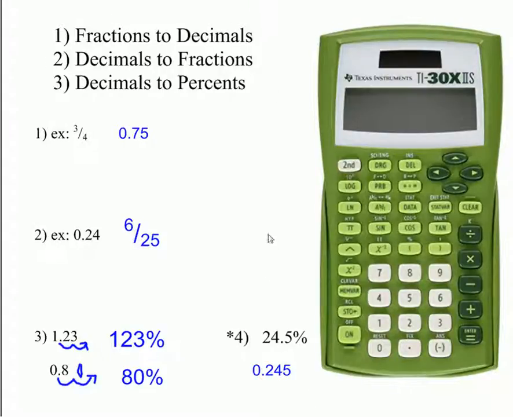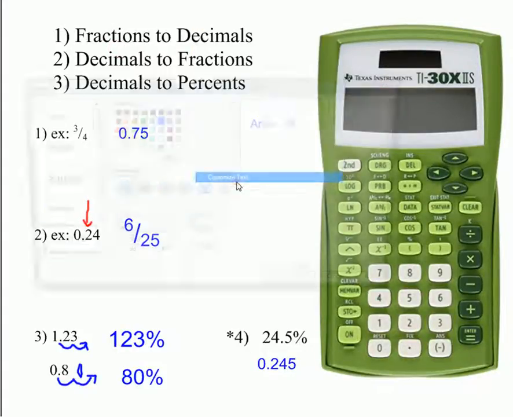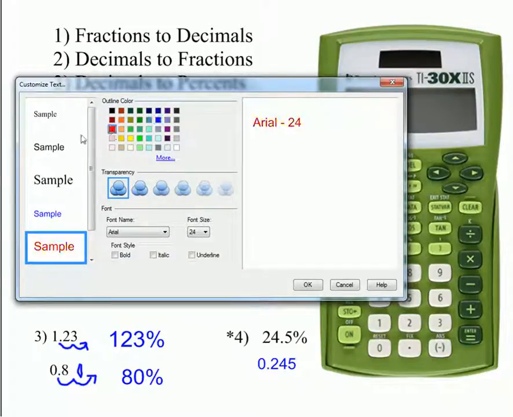If I wanted to change this percent then into fraction form, I would have to read it. We have to know our place values. And again, our place values go as follows. One place to the right of the decimal point is your tenths place. I was looking for red. There's no red text. Let's do this one red. Here we go.